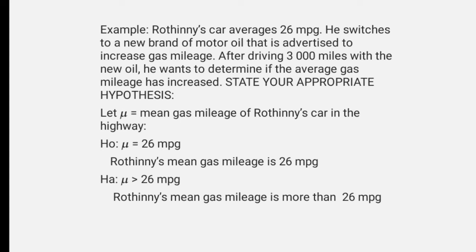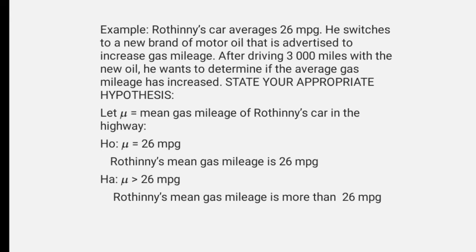State your appropriate hypothesis. Now, as advertised, it says there that the motor oil that Rothen is using is timed to increase the gas mileage of his car. So let's set our parameter, which here is the population mean, which is mean gas mileage of Rothen's car in the highway.